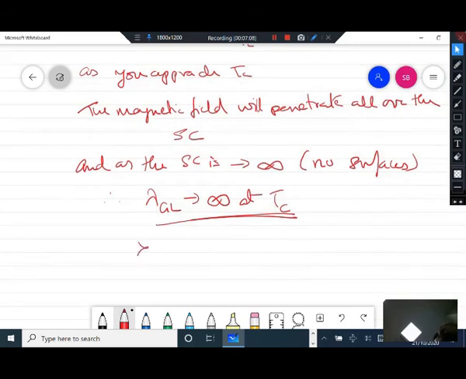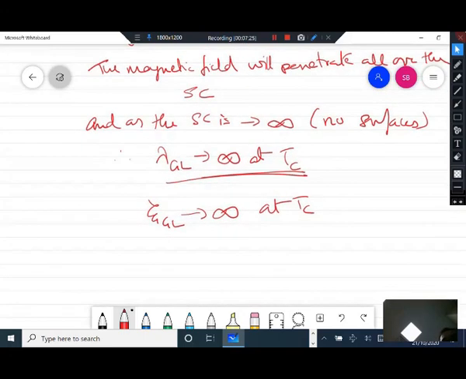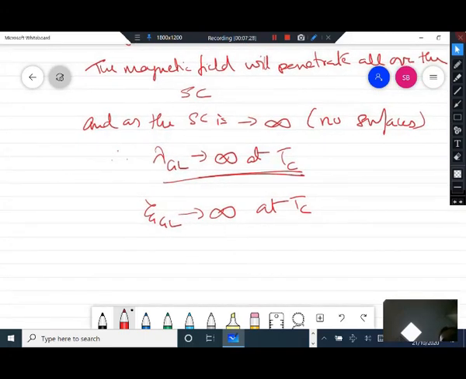And similarly for the coherence length xi GL, the order parameter changes at Tc. It varies over the entire sample because superconductivity is lost, and therefore the coherence length xi GL also tends to infinity.